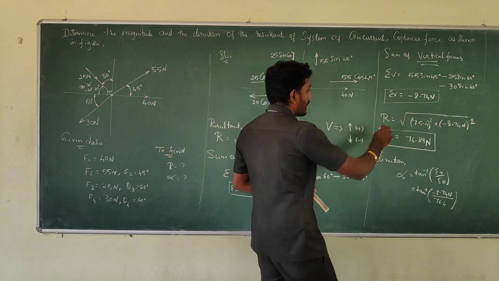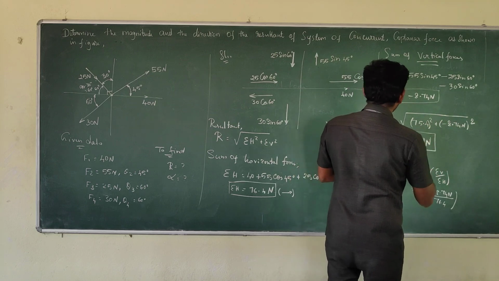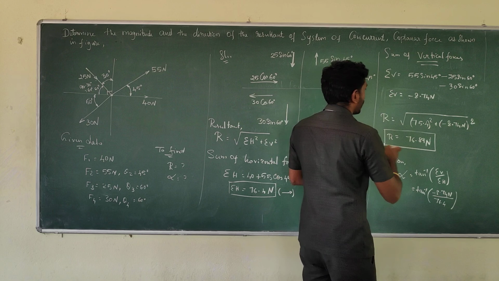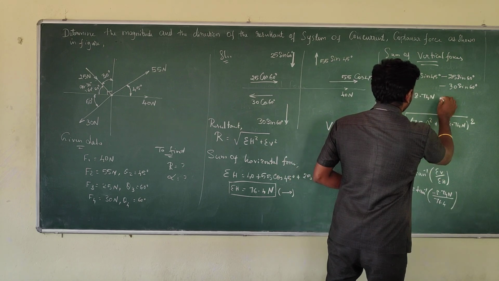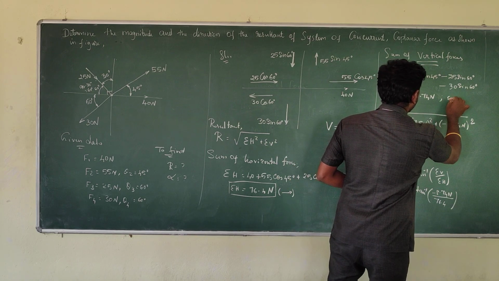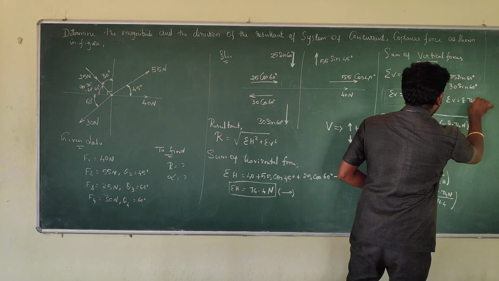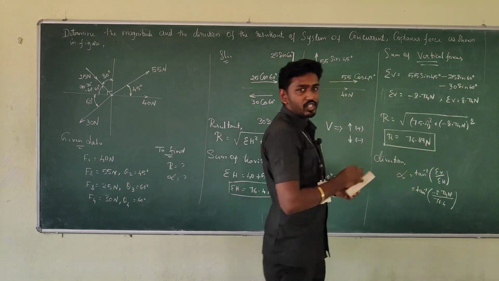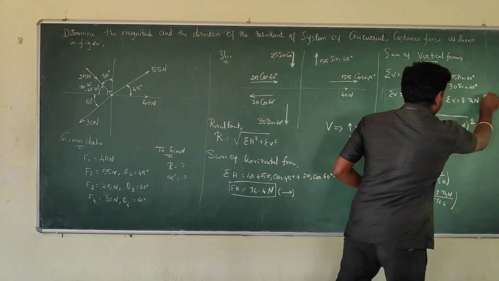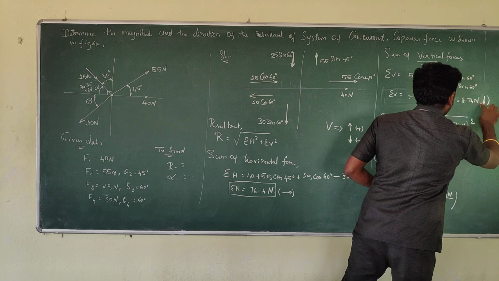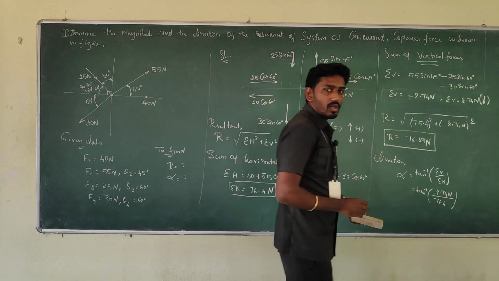So we can conclude this force summation of V is 8.74 in magnitude, and it is directed downwards. It's a vertical. Since it is a minus, it is moving downwards.